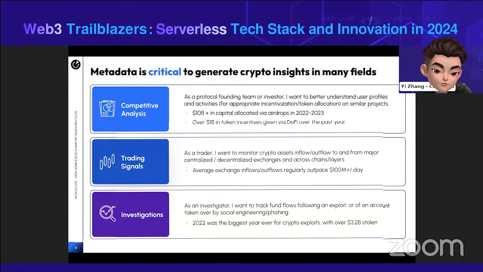According to the normal hackers' agenda, they will try to move their fund to an exchange as soon as possible to cash out. If you have enough metadata, you can trace down the fund, and fortunately you can find that some of the crypto actually ends up in a specific exchange, for example Binance or Coinbase.